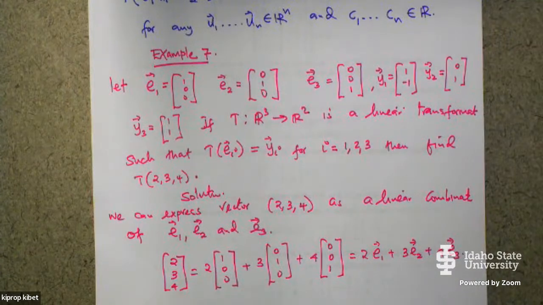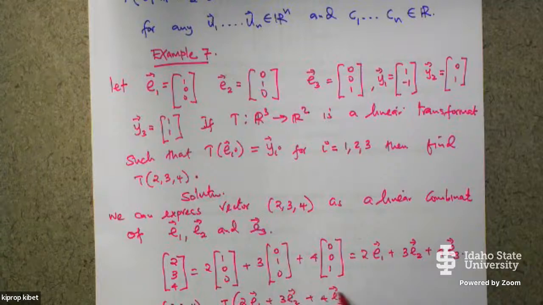Now, when we introduce the transformation, T of (2, 3, 4) is equal to T of 2E1 plus 3E2 plus 4E3. Now distribute the transformation there.